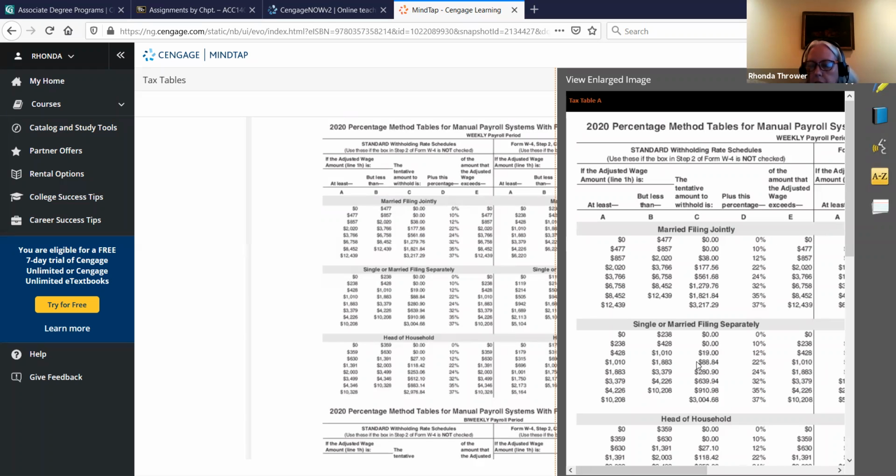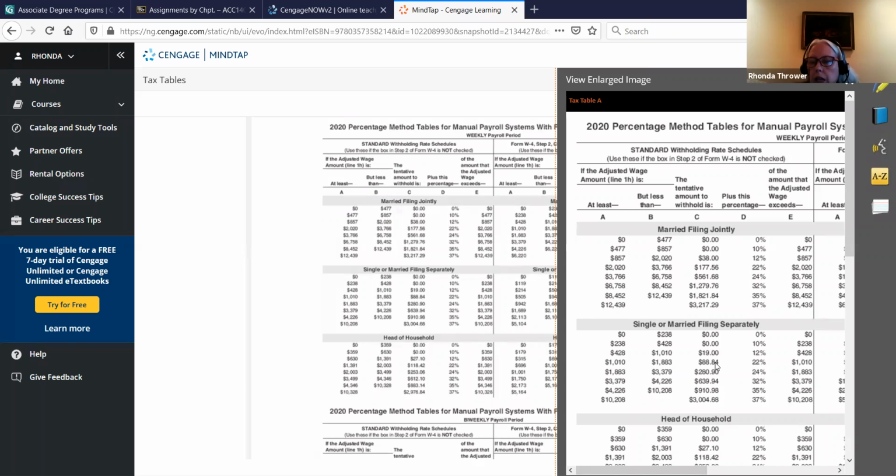The tax on this amount is $88.84. So we're going to find the difference between the salary and the amount that the adjusted wage exceeds, which will give you $30. Then we're going to multiply it by 22% to give you the portion of tax that they have not figured. And then we're going to add that amount back to the amount that was given for the taxes that were figured on $1,010.